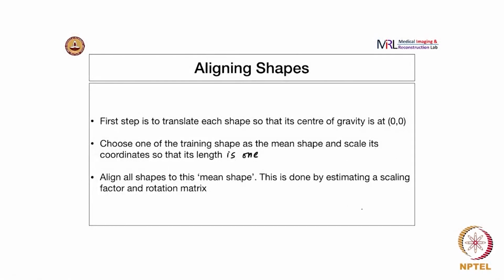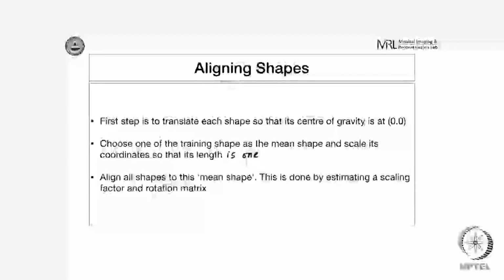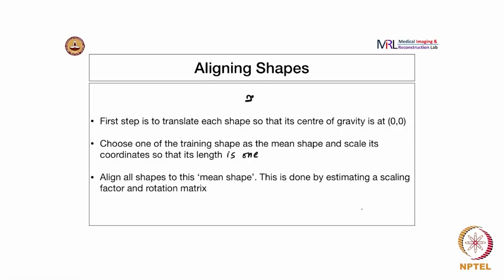The first step in aligning shapes is to translate each shape so that its center of gravity is at 0, 0. The way to do that is to estimate the centroid by calculating x bar and y bar for each shape. So x bar would be the average of all the x coordinates, x1 plus x2 plus up to xn, divided by n.